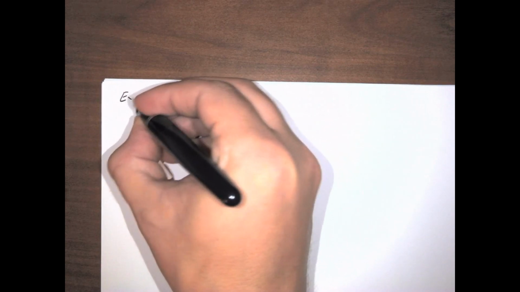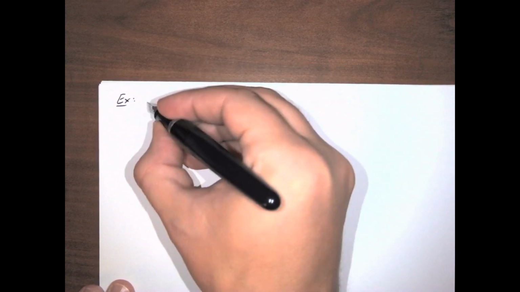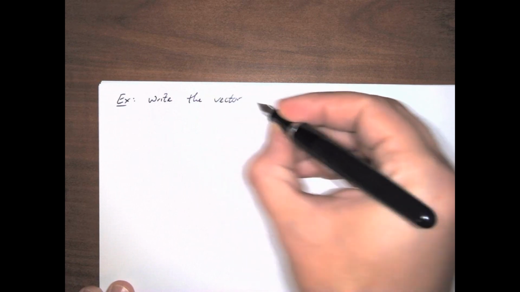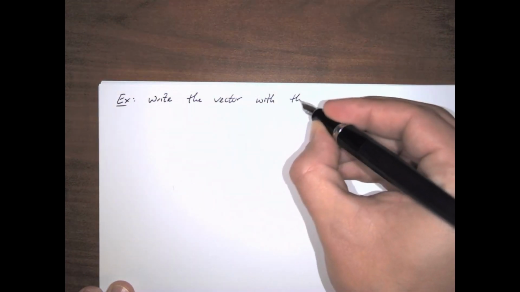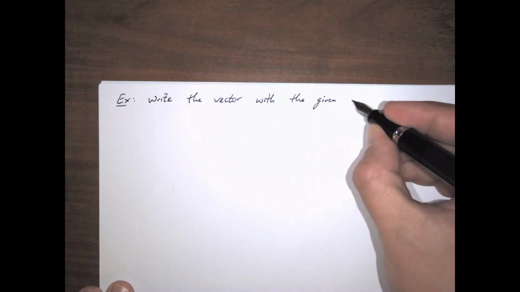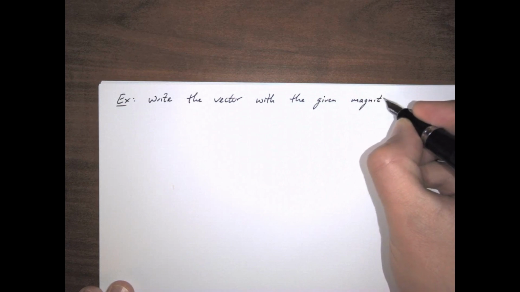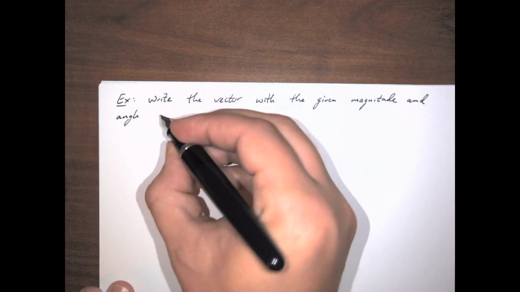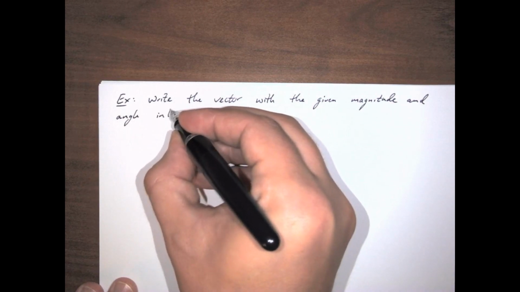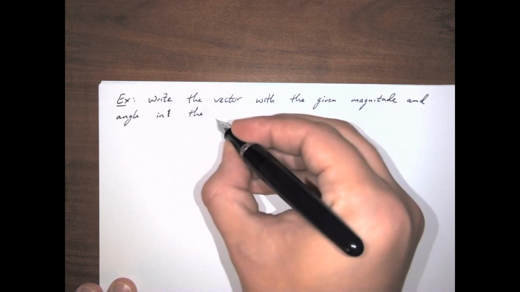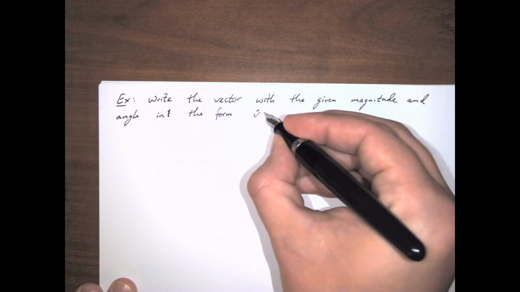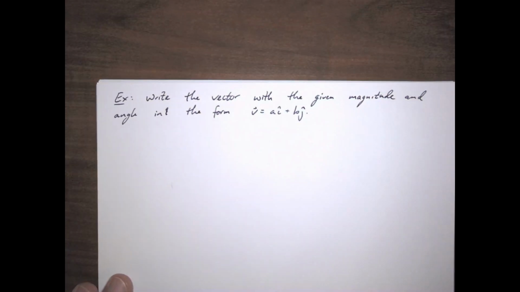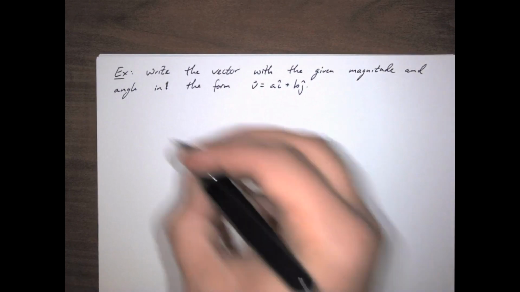So, example, write the vector with the given magnitude and angle, in the form v equals ai plus bj. All right.